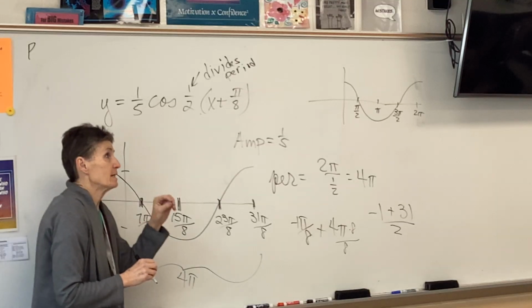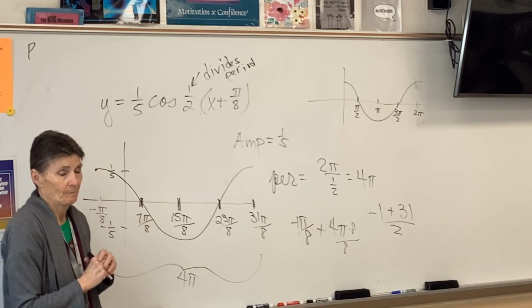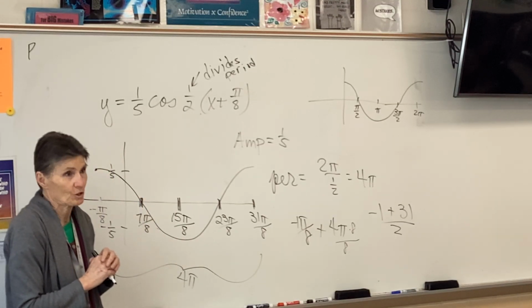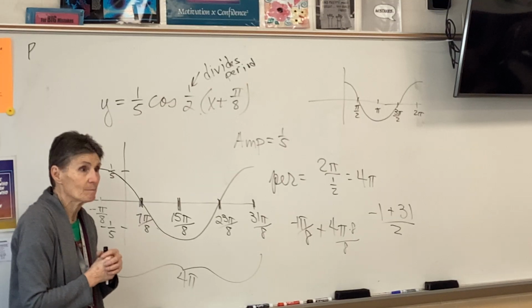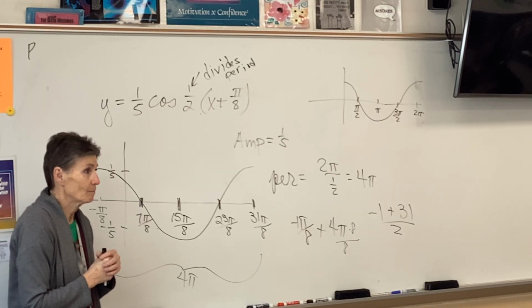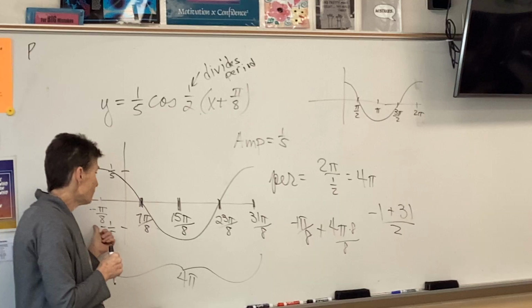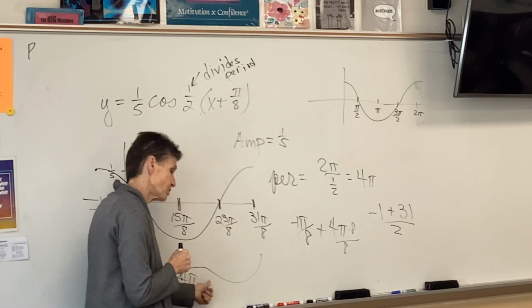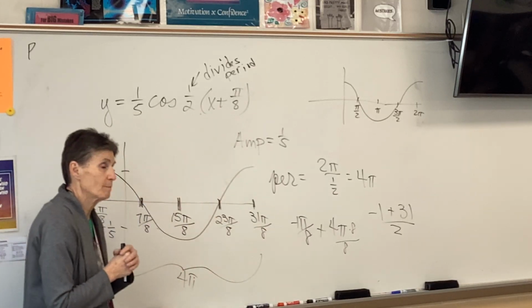Midpoint is average. How do you average? Add and divide by 2. -1 plus 32 is 31.